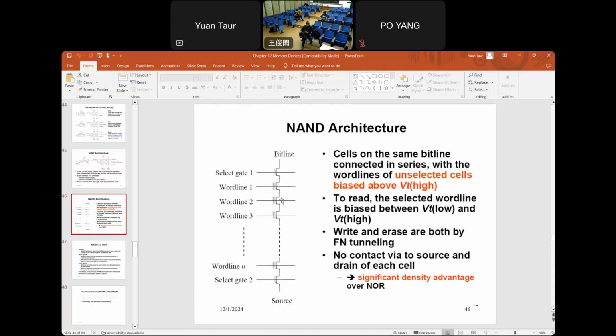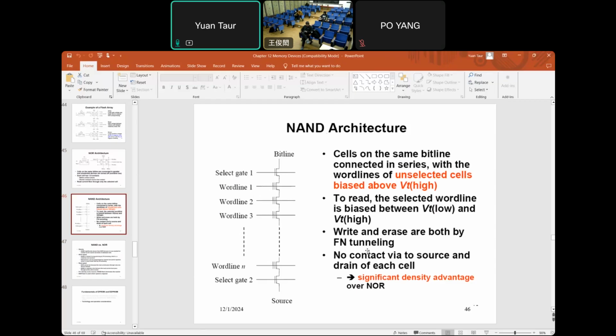So if the whole array is on, that means the selected cell is also above VT, which means that VT is lower. And lower means that there's charge injected. There's a negative charge injected. And if the whole array is off, then the selected cell is off, which means that there's no charge, so the VT is high.